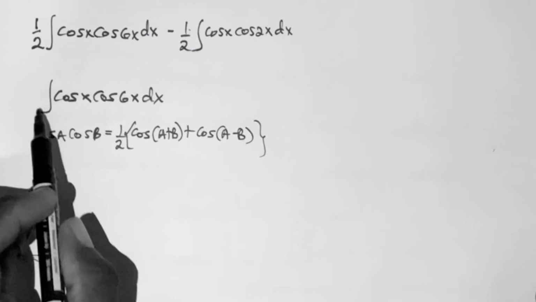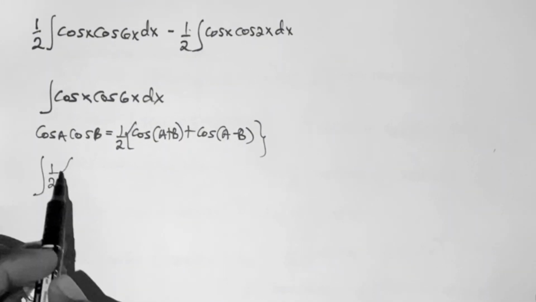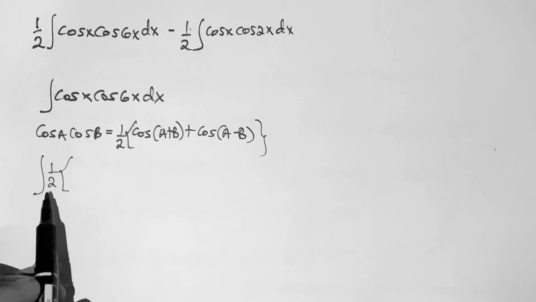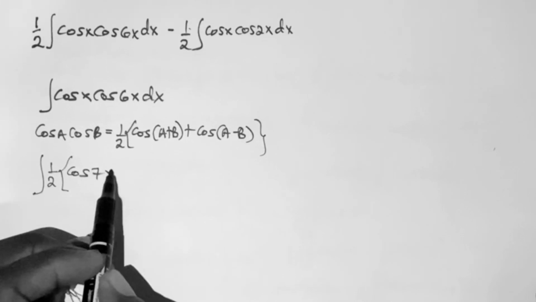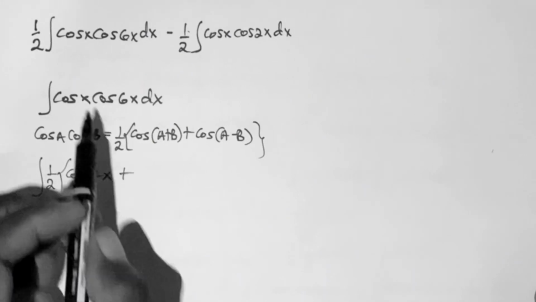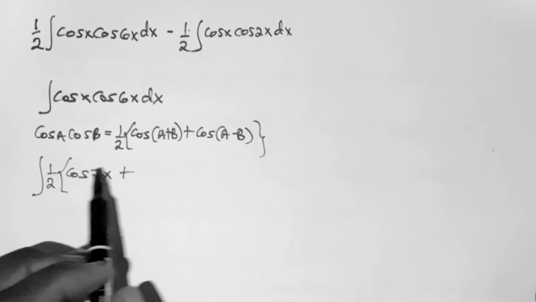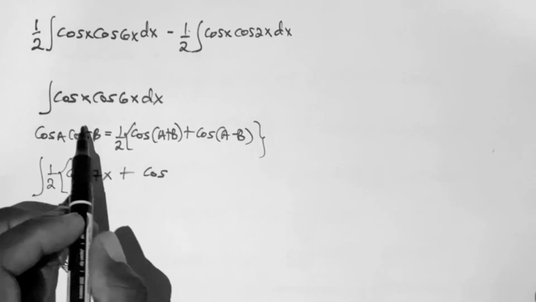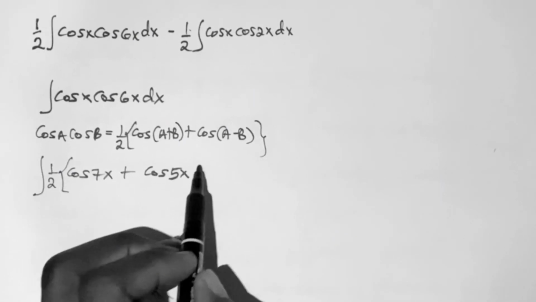So now this integral becomes the integral of 1 over 2 bracket open cos a plus b. A is x and b is 6x, so it becomes cos 7x, plus cos a minus b, which is cos of minus 5x. However, cos is an even function, so cos minus 5x is the same as cos 5x.